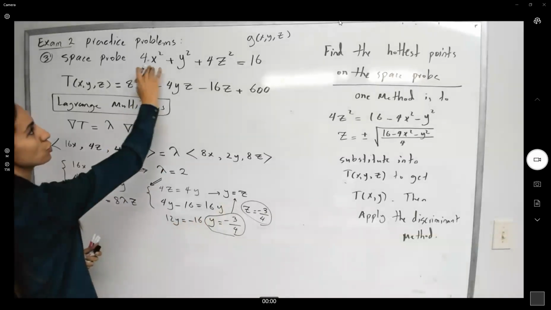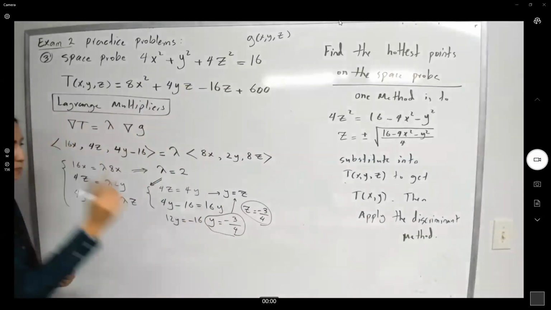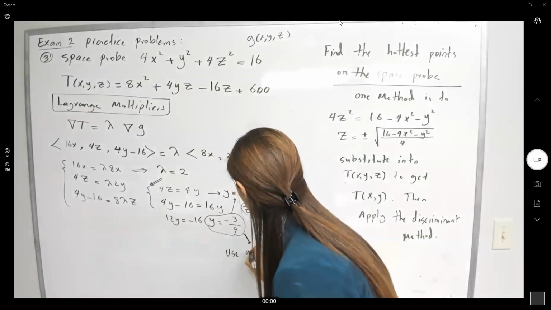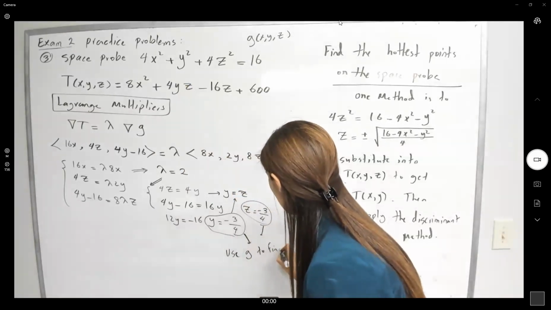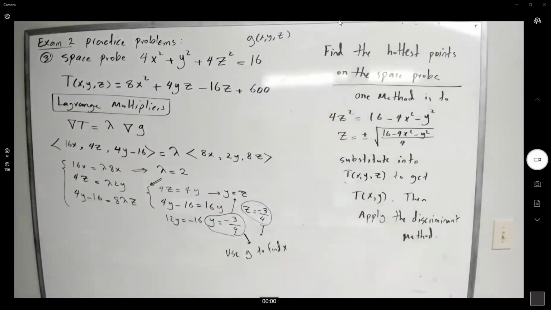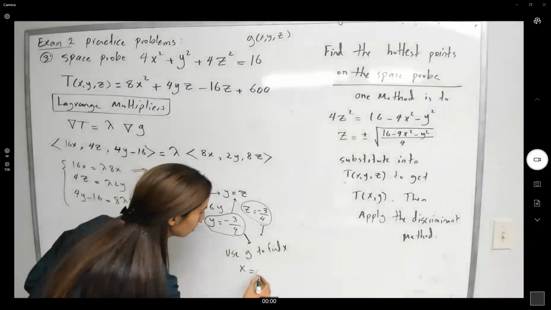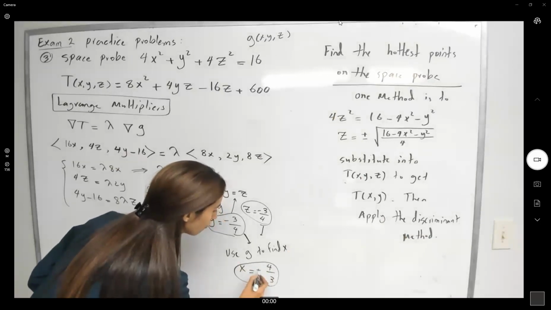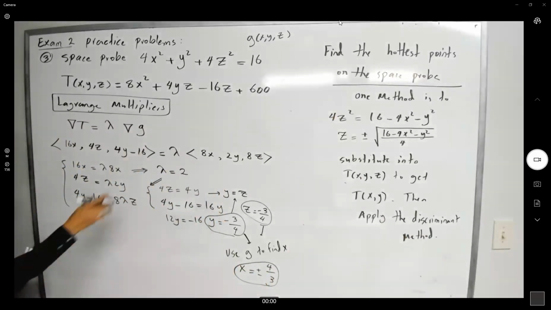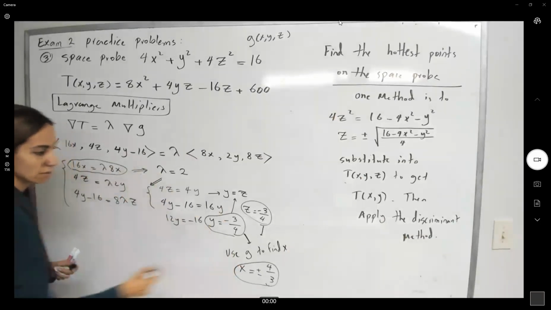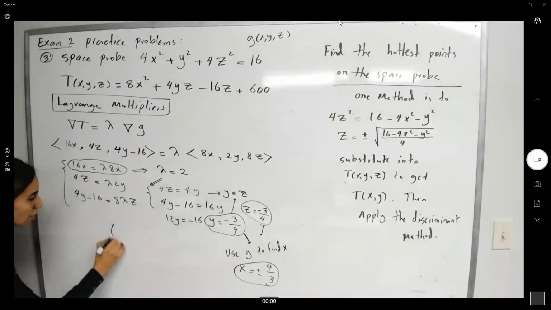Then you can use your g to find your x. In this case, your x is going to be plus or minus 4/3. So we're going to get two values for our x. By solving the first equation for lambda, we get 2 points.